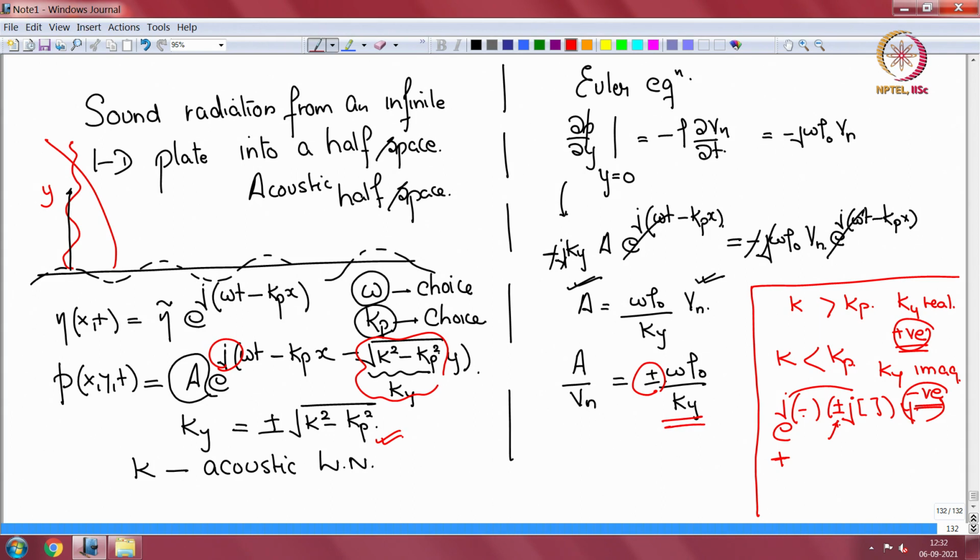Okay. So now this is pressure, this is velocity, there is a ratio, thus this can be considered a kind of an impedance, we will call it the wave impedance.